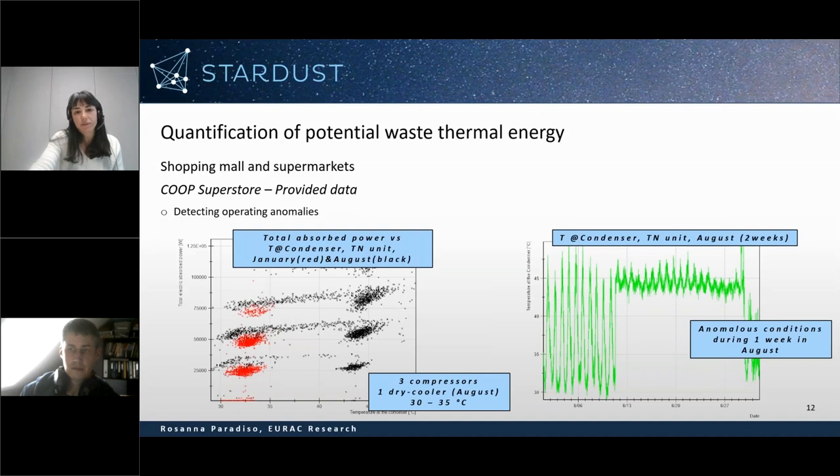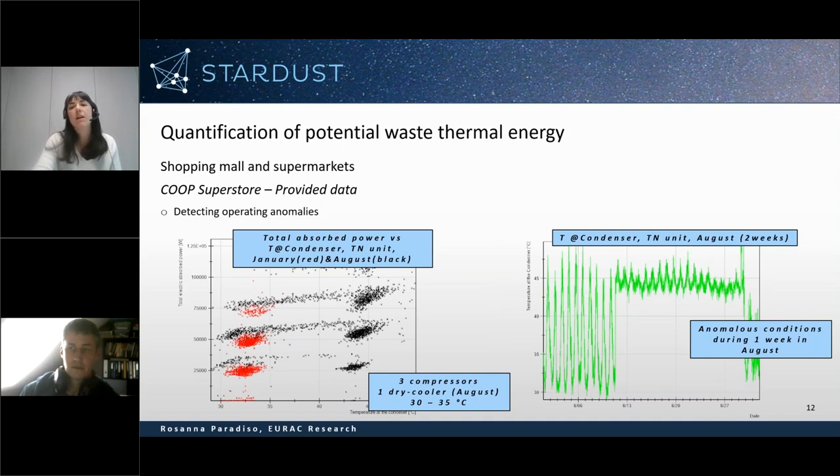Then we also found some anomalies in the operating condition. For example, there was a week around the 15th of August where the refrigeration unit couldn't cool down the gas at the condenser, probably because the external temperature was too high, probably because the dry cooler didn't work properly, or probably because there were too many people in the shopping mall.